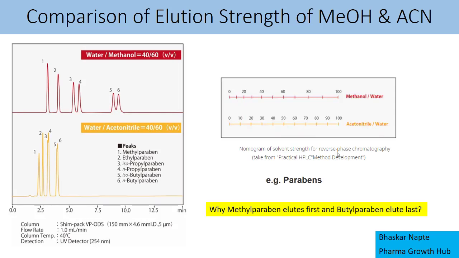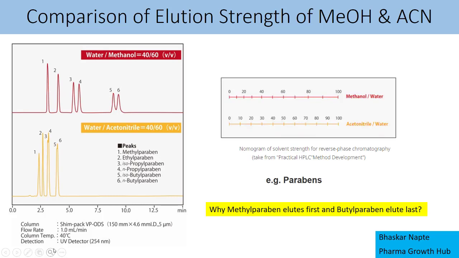So let me show you with an example how the retention time changes because of the change from methanol to ACN. The top chromatogram, in red, is with water methanol 40:60, and the chromatogram in orange is with water ACN 40:60. So the proportion of water and organic solvent is the same in both experiments.